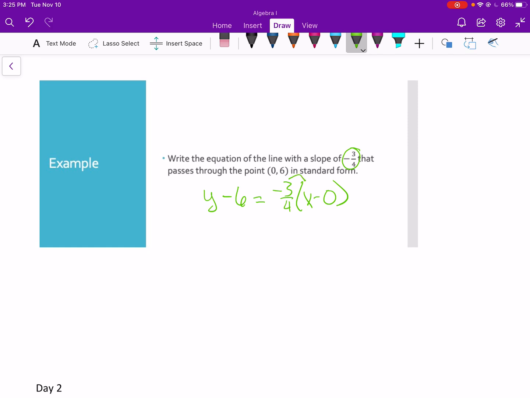I'm going to distribute in for that, so y minus 6 equals negative 3/4 x. I'm going to subtract the y to get it on this side because I want the x's and the y's on the same side.